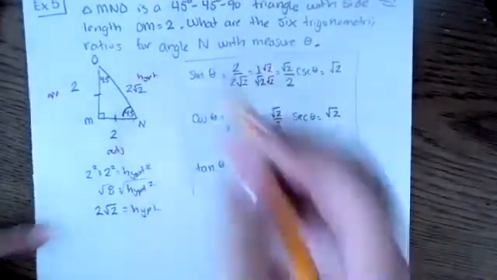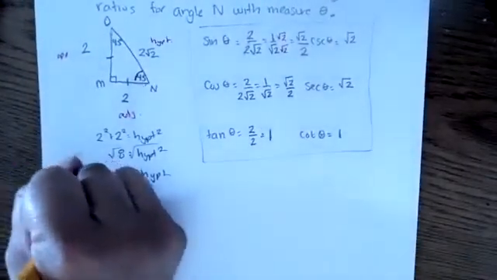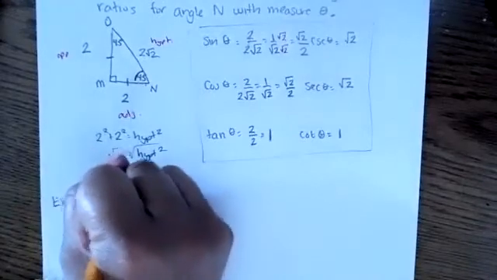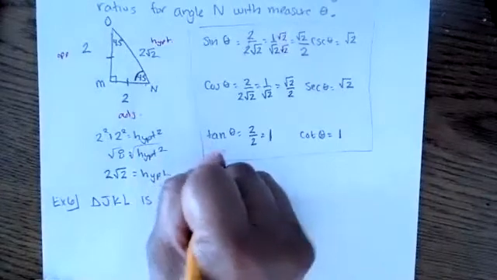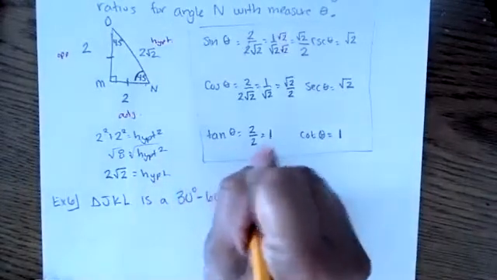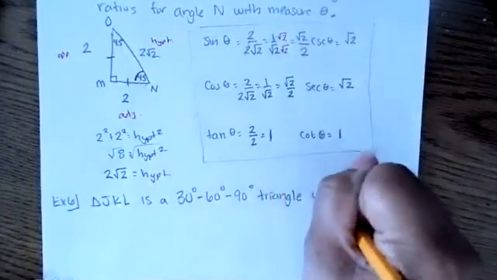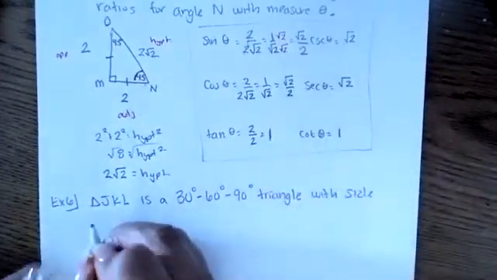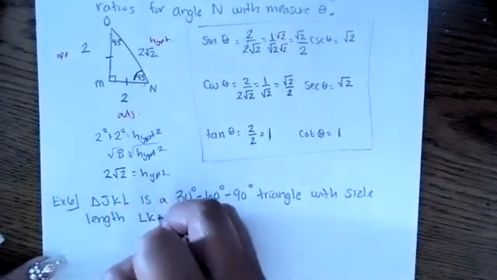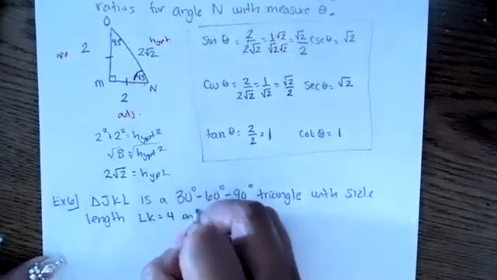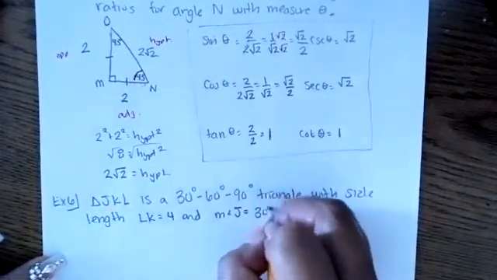Last example. Triangle JKL is a 30, 60, 90 triangle with side length LK equaling 4, and the measure of angle J equals 30 degrees.